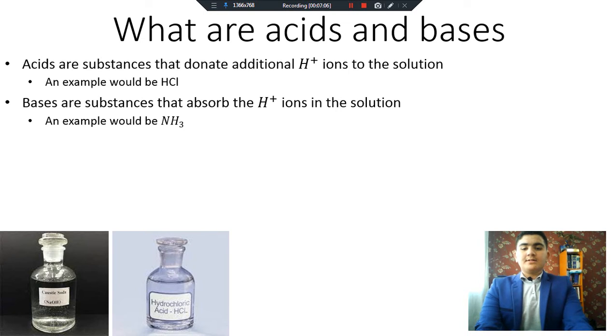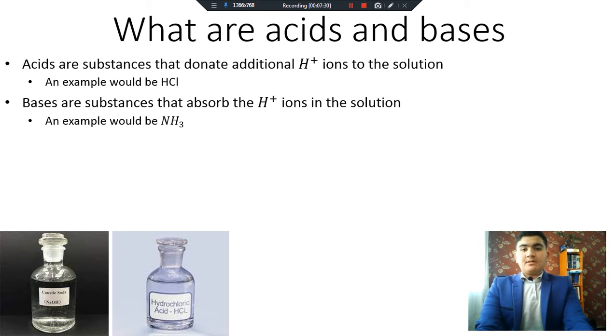One example would be sodium hydroxide, which is a very strong base, and it dissociates into sodium cations, or Na plus, and hydroxide, which is OH minus.